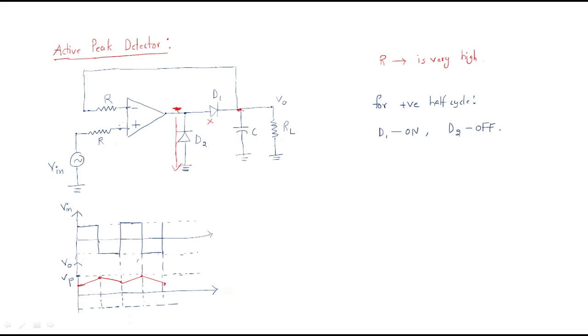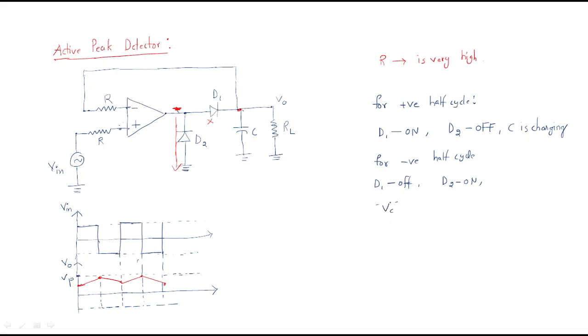In this condition the capacitor is charging fully. And for the negative half cycle, what happened? For the negative half cycle D1 is off and D2 is on, and the capacitor doesn't have any path.